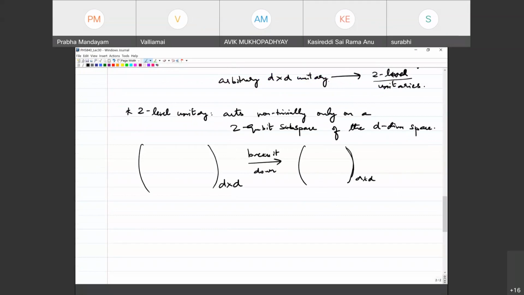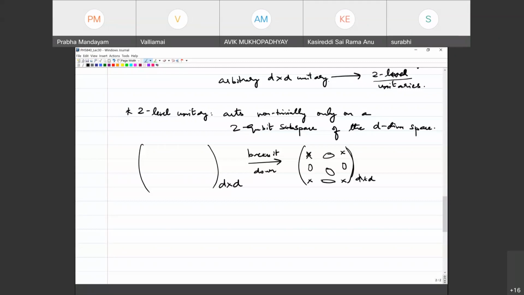What does that mean? It means that I have a d cross d matrix whose, for example, only non-zero entries are these four, everything else is zero, right? So this matrix, you can note, acts non-trivially on only two vectors in the d-dimensional space.